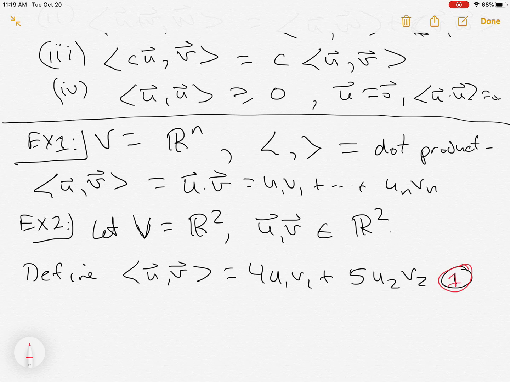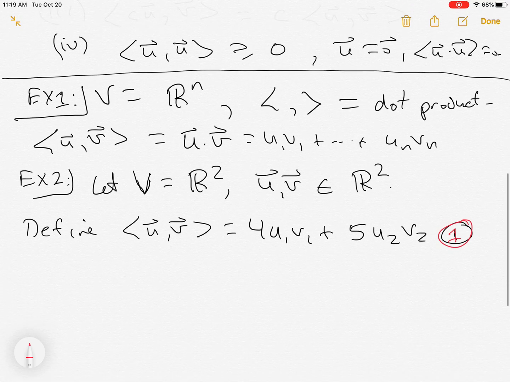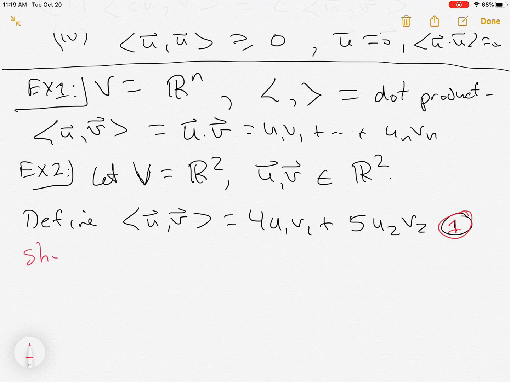So this equation 1 is the definition of our inner product. It's almost like the standard dot product, but it's got a tweak. And now I want to show that this defines an inner product.